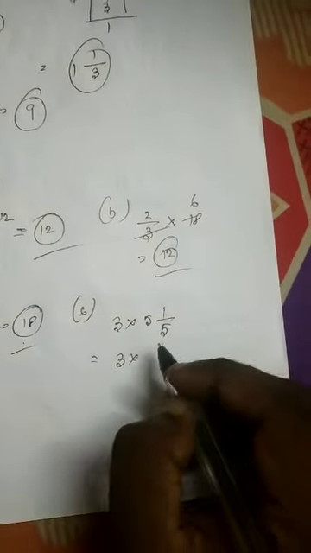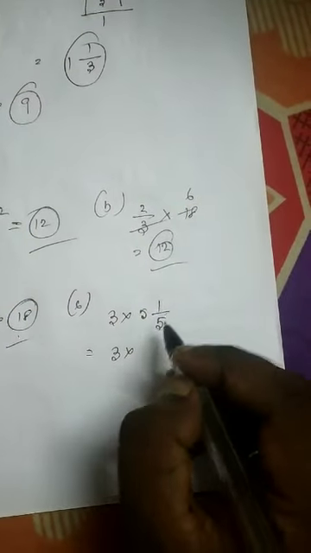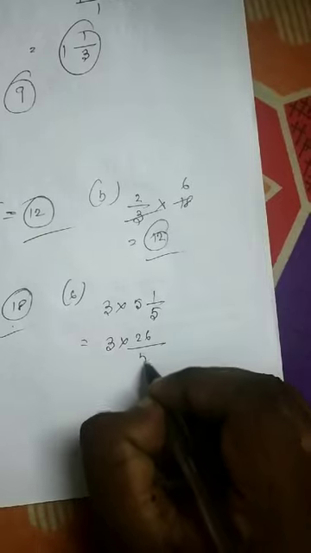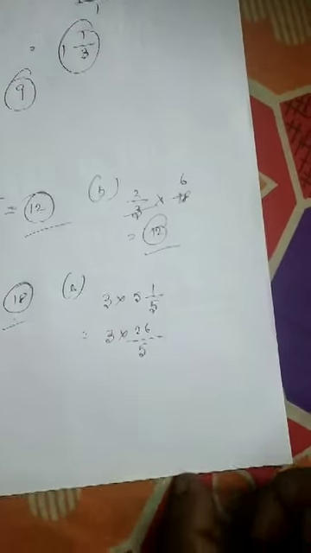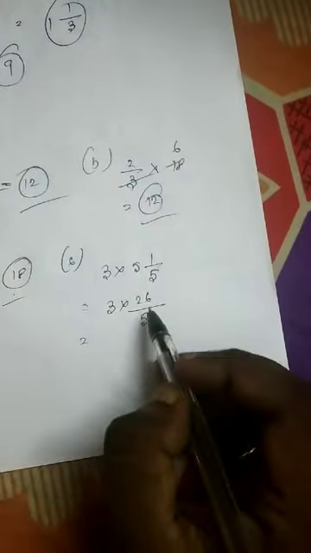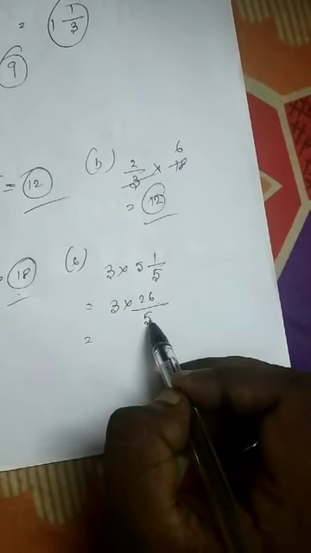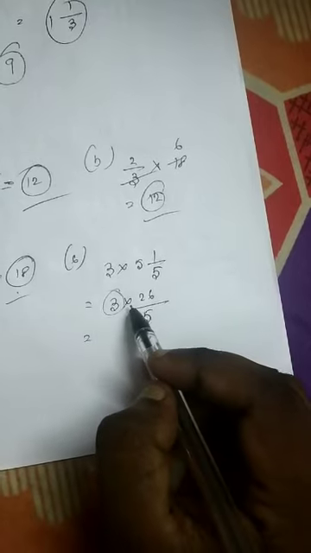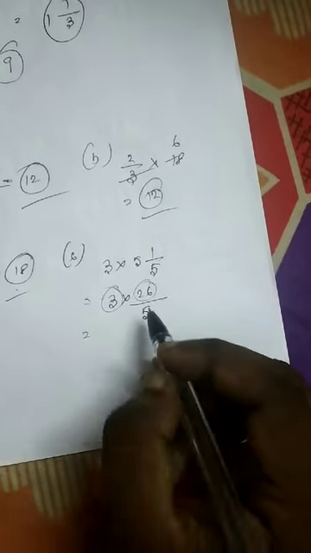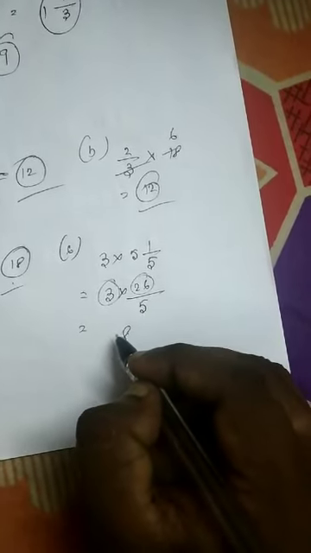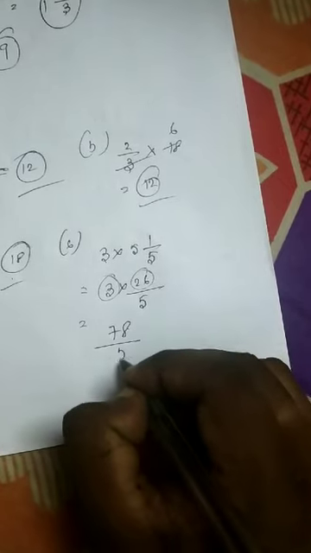3 into 5 5s are 25 plus 1, 26. 26 by 5. Now 26 and 5 cannot be cancelled. 3 and 5 cannot be cancelled. Only thing we can do, 3 into 26, 78 by 5.